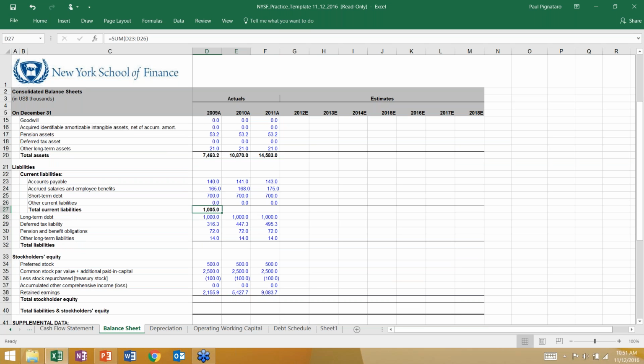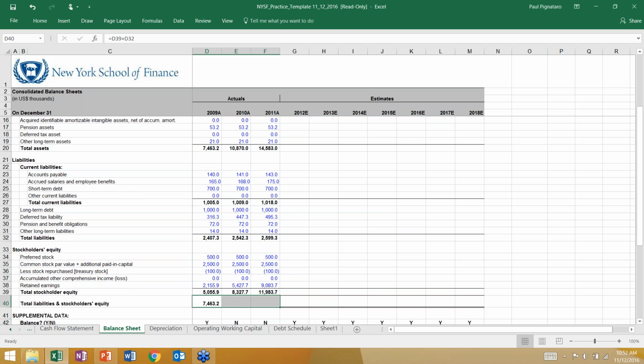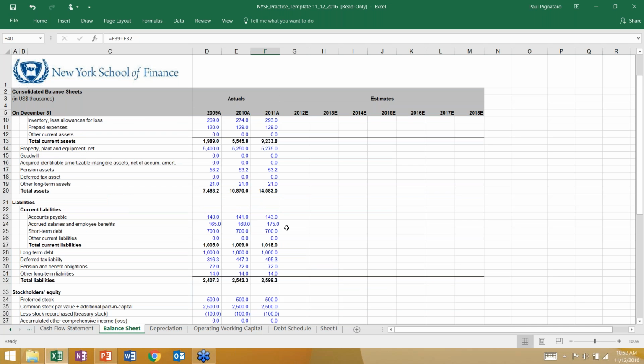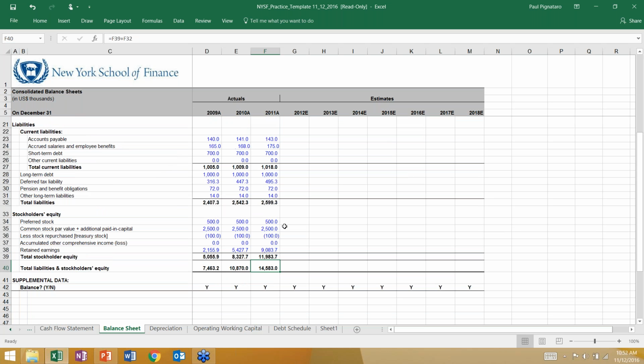Sum up the liabilities, and for the total liabilities, don't forget to include the current liabilities plus everything else. Then sum up the stockholders' equity. As per the formula, the sum of the stockholders' equity and the liabilities should equal the assets. And that's in balance. Okay.